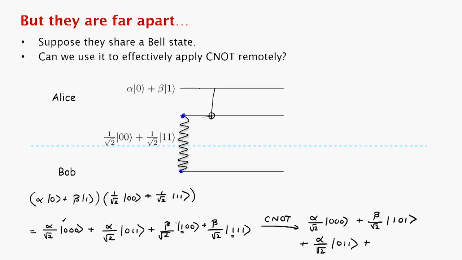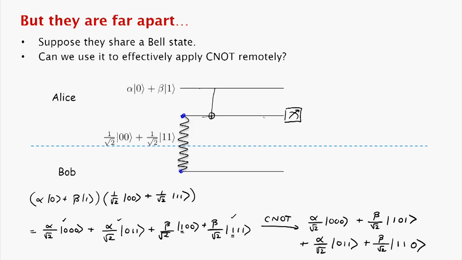And then you have this, so we took care of these three. Out here we have control bit 1, target bit 0. So we get beta over square root 2, control bit 1, target bit 0, so we'll get 110. So now, what do we plan to do? Well, what happens if Alice now measures the second qubit, the middle qubit?